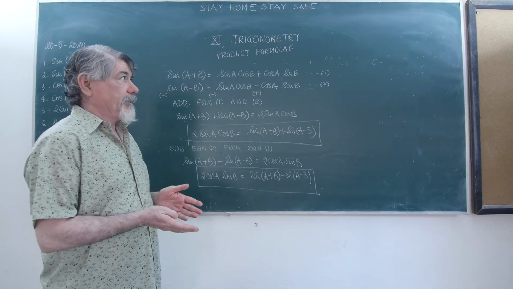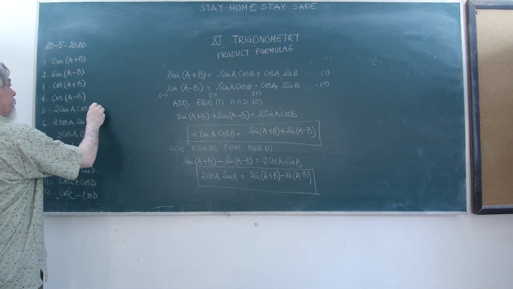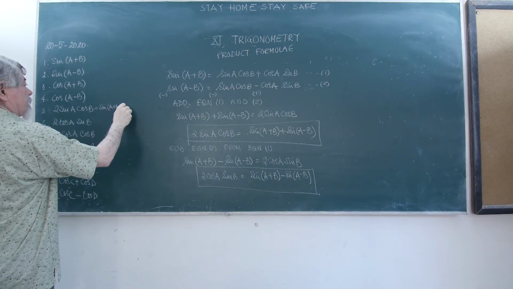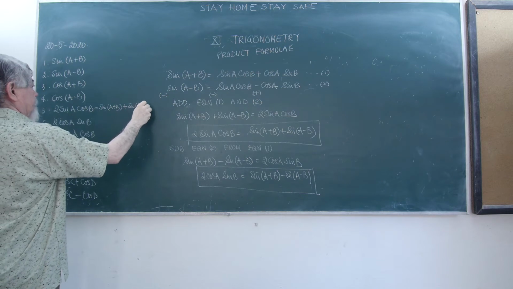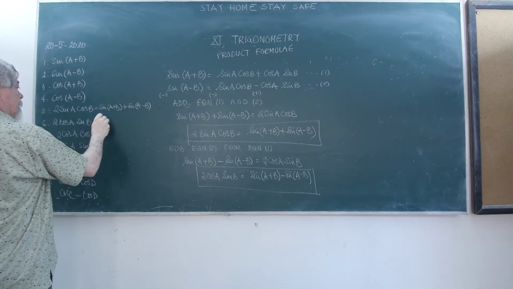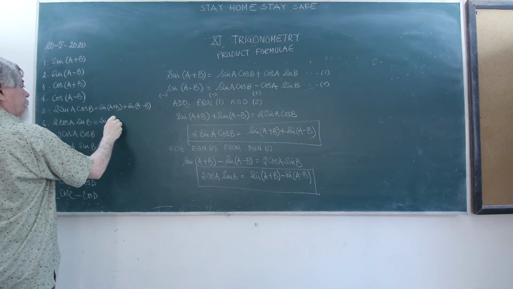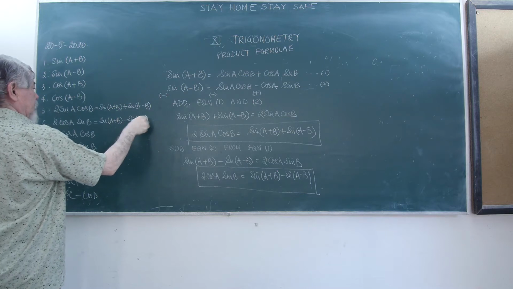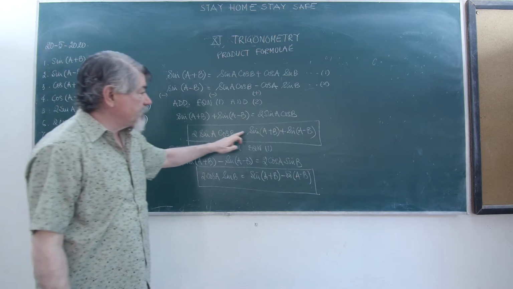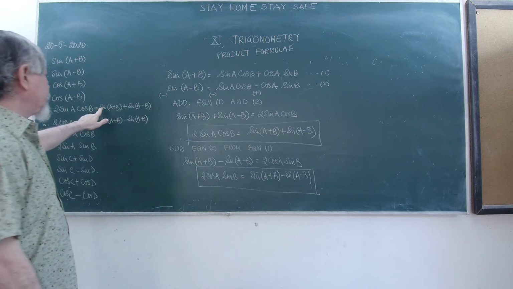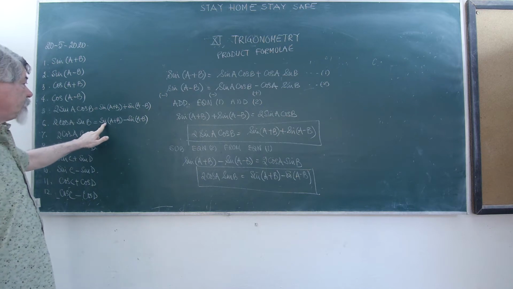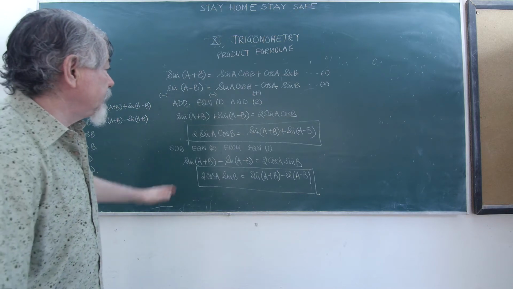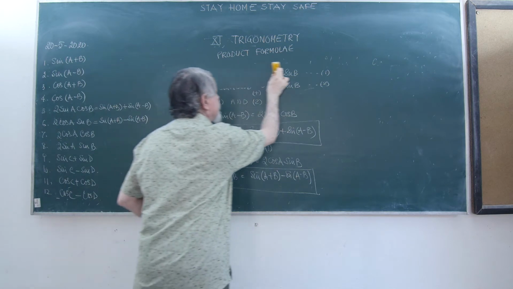By simply adding and subtracting. 2 sin A cos B I have obtained as sin A plus B plus sin A minus B, and 2 cos A sin B I have obtained as sin A plus B minus sin A minus B. Now I am going to rub out these portions and do the other part.